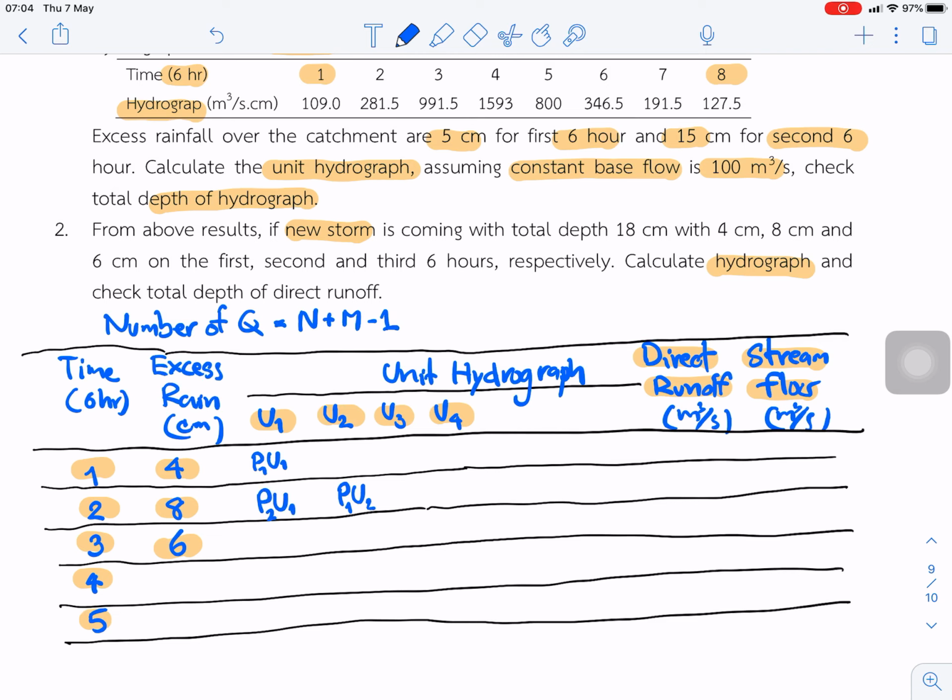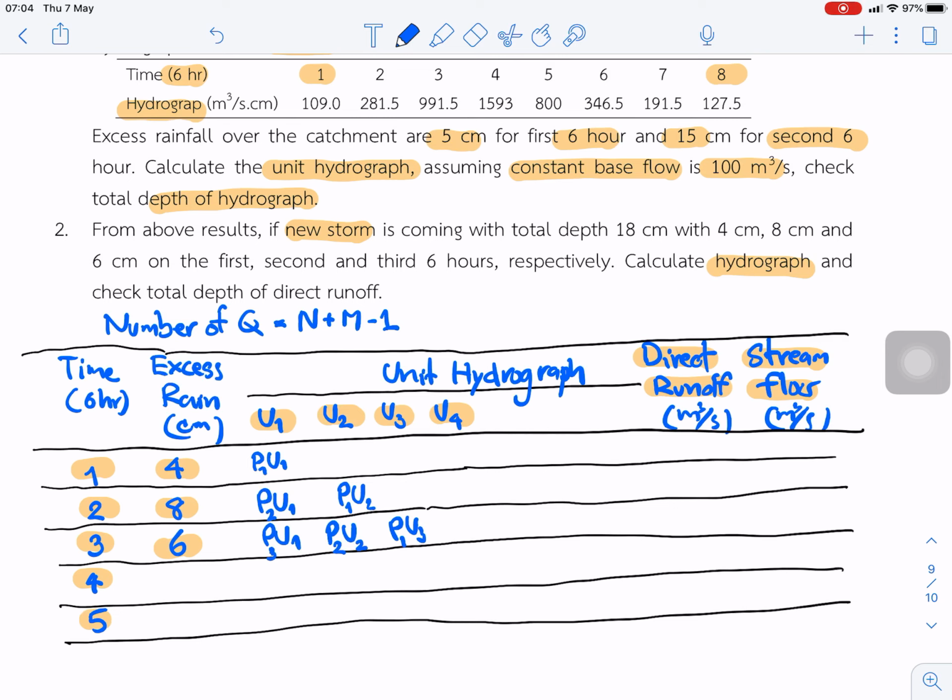Make a match between the U and P. And this is P1 U3, P2 U2, and this is P3 U1. In this case we have P3.